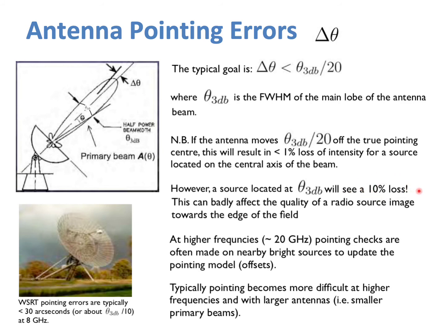And if you think you're pointing at the source, and then you quote the intensity of that source as that number, you're going to be 10% wrong. Also, if you're imaging, that can lead to very bad results.